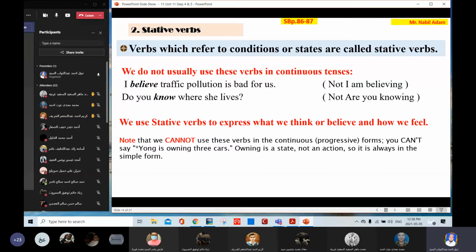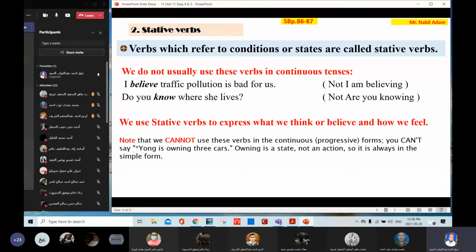Verbs of feelings, أفعال المشاعر. Verbs of sense, أفعال الحواس, like smell, touch, see, look. All these are stative verbs. They are permanent. هي أفعال دائمة. We cannot use them in the continuous or progressive tense. We do not usually use these verbs in continuous tense.